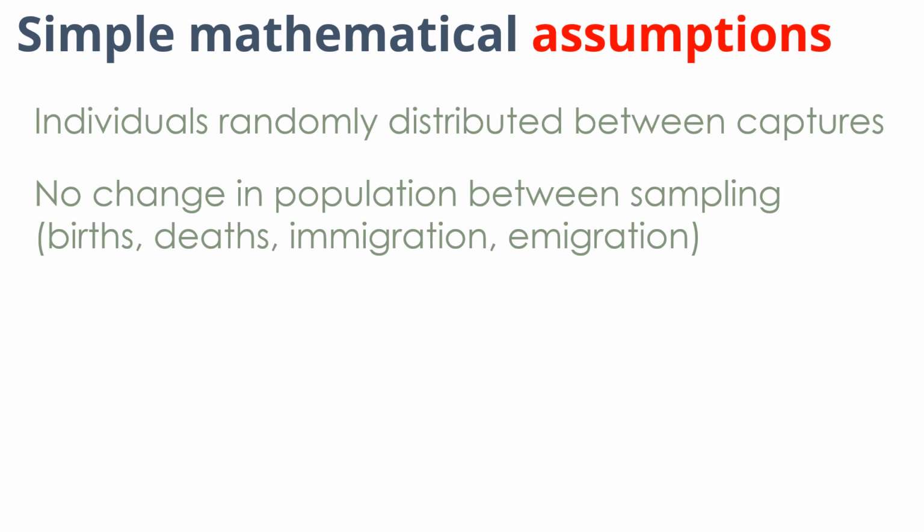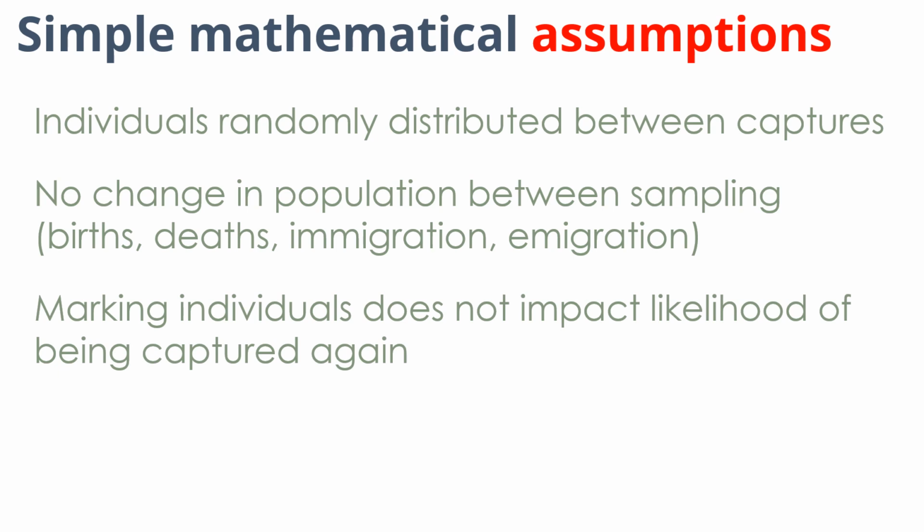So, for example, there's no births or deaths, and there's no immigration or emigration. So, in this case, the population size is not changing, either due to organisms coming in or those leaving. And then lastly, that marking the individuals with tags or with paint, etc., does not impact the likelihood of that organism being captured again.